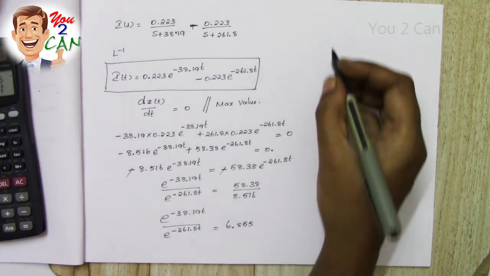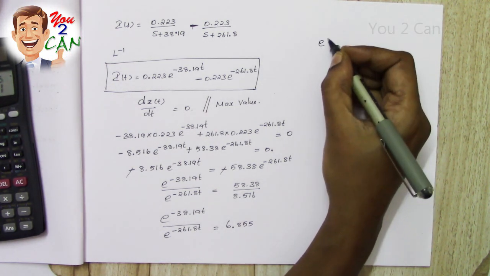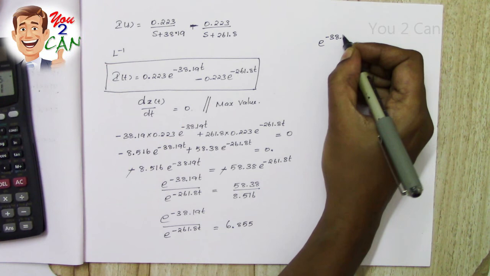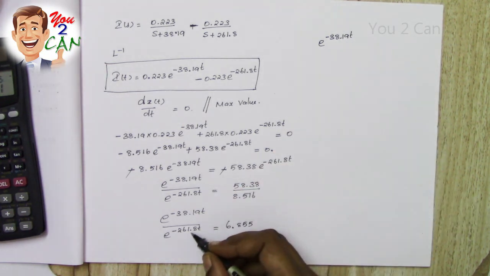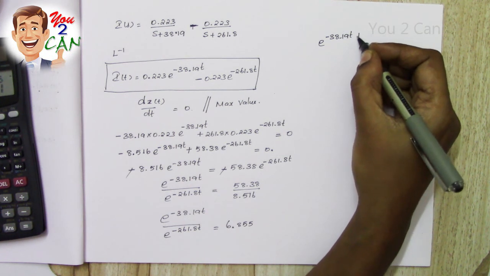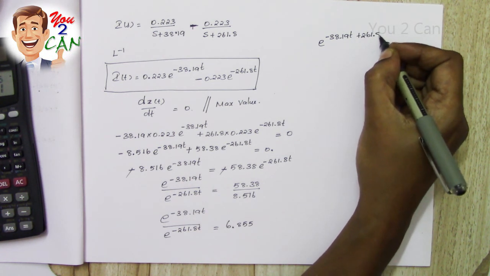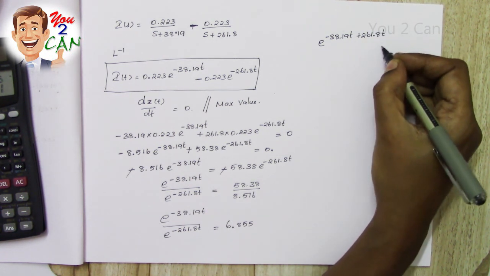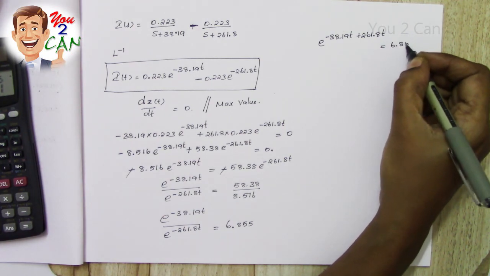Okay, now what is the equation? e power minus 38.190, and when it goes upside you will get plus 261.80, which will be equal to 6.855.